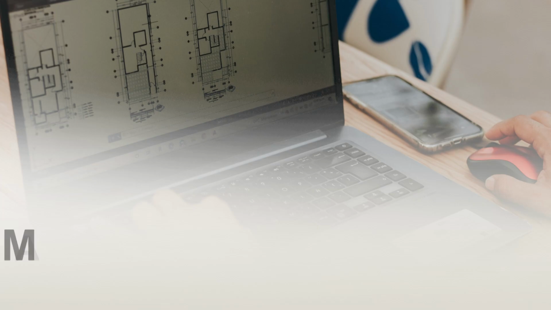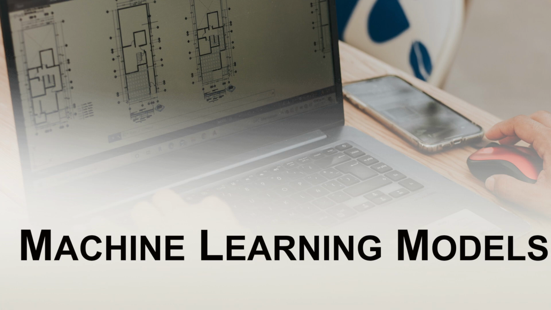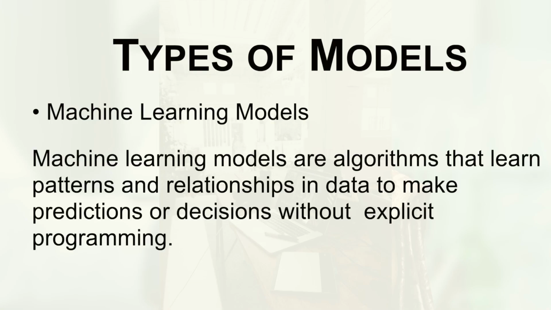Then the next one is machine learning models, which are in demand in today's world. We hear AI, that is artificial intelligence. Again, it is the use of artificial intelligence or machine learning models to study complex systems, or even we can say the use of machine learning models in AI and vice versa as well.